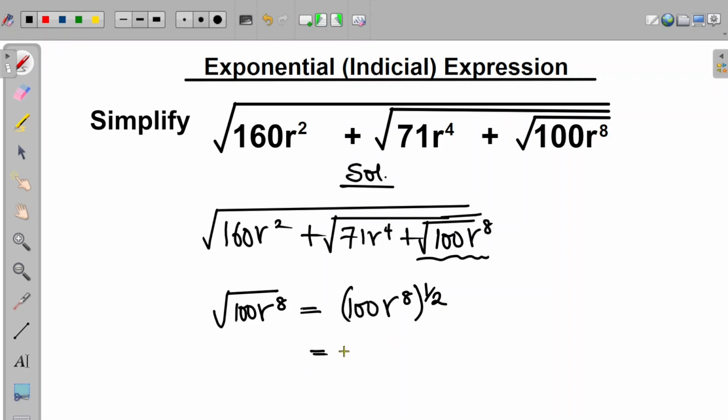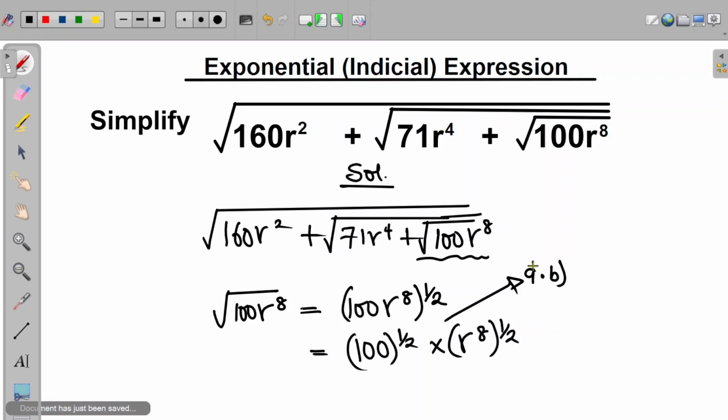So at this point, we have that this is 100 raised to the power of 1 divided by 2 times r raised to the power of 8 raised to the power of 1 divided by 2. So at this point, I just applied the product power law. So if I have a multiplied by b all to the power of n, this is equal to a to the power of n multiplied by b to the power of n.